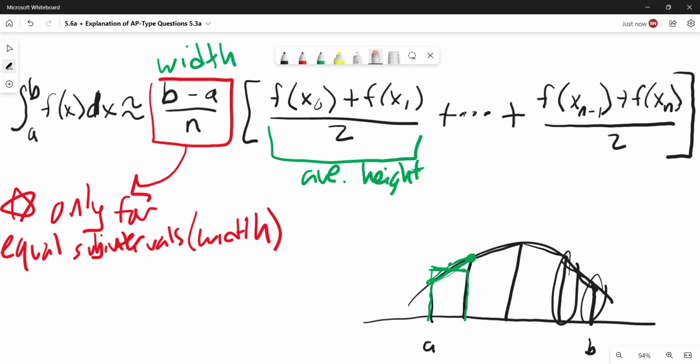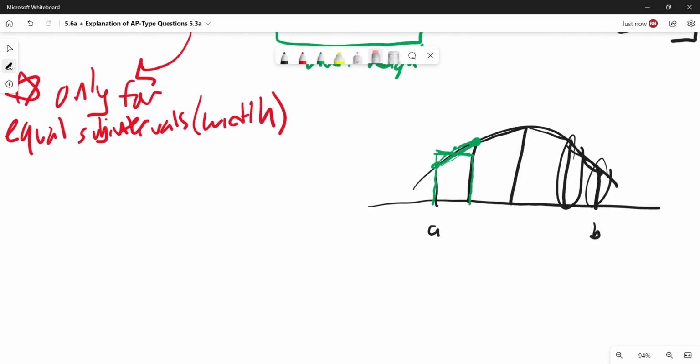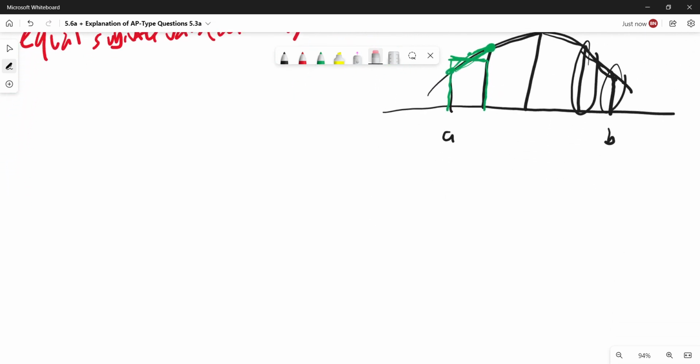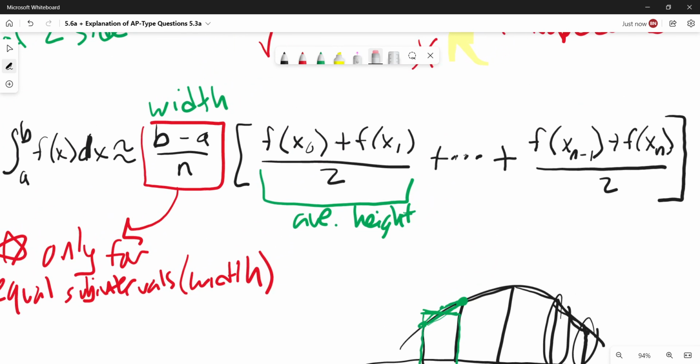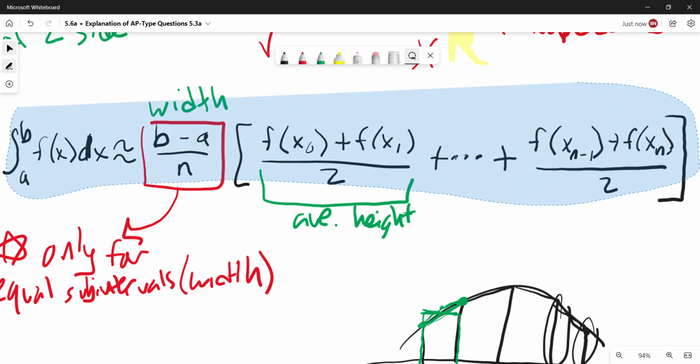So the next thing, let me just move this down because I don't want to erase anything. Let's see if I can get this and move it. Nope. A lasso thingy?